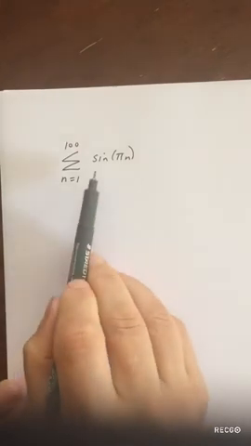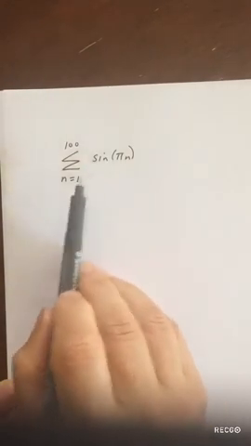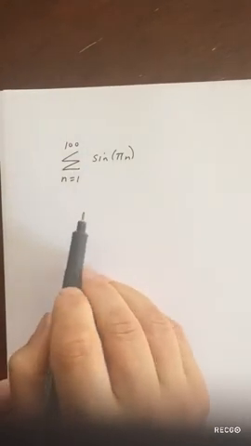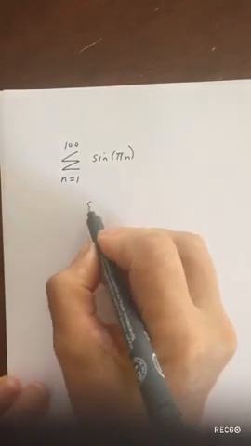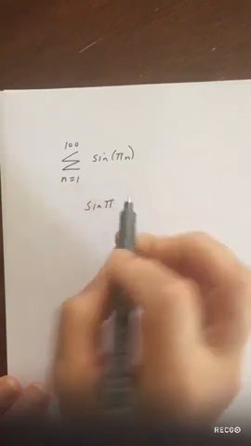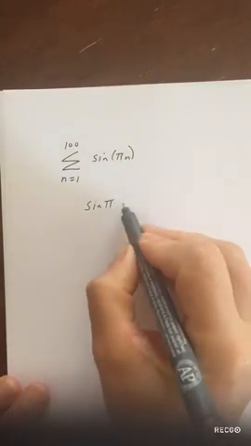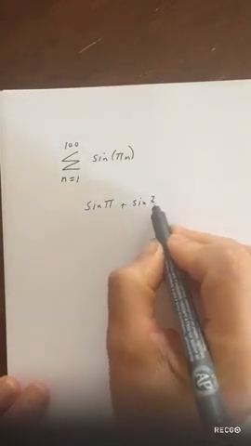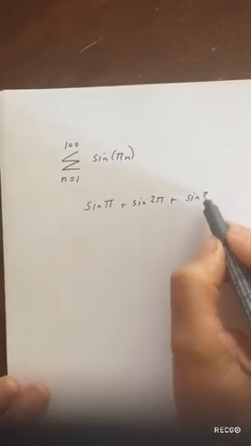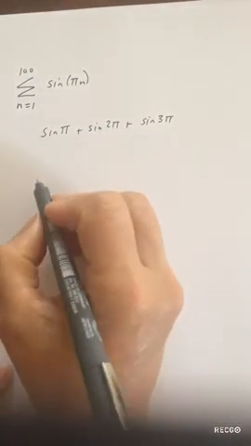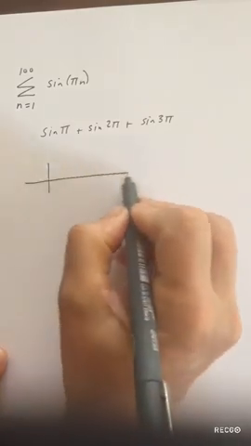Okay, so if we start evaluating this, now this is a lot of terms, but probably something's going to happen. Okay, so the first one would be looking at sine of pi, right? N is 1, and then we're going to add sine of 2 pi, and then n is 3, and then we're going to add sine of 3 pi. Well, let's just look at what the values of those things would be, right? Okay, so sine of pi, of course, you have to remember what sine looks like.